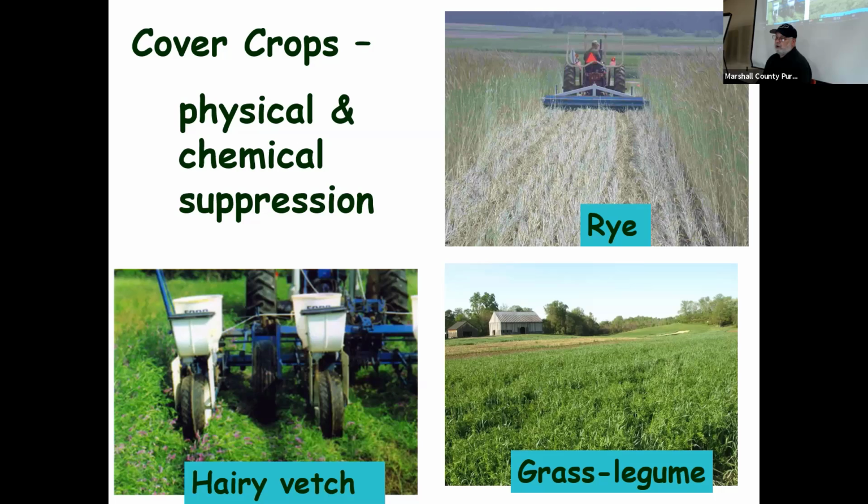If we get cereal rye and we crimp it as it's starting to head, or lay it down, like you've seen those photos from Europe a lot, where those circles are out in the wheat fields. We do that to our rye at the right time, it'll actually become a living, organic mulch for us, and be returning all those nutrients back to the soil.